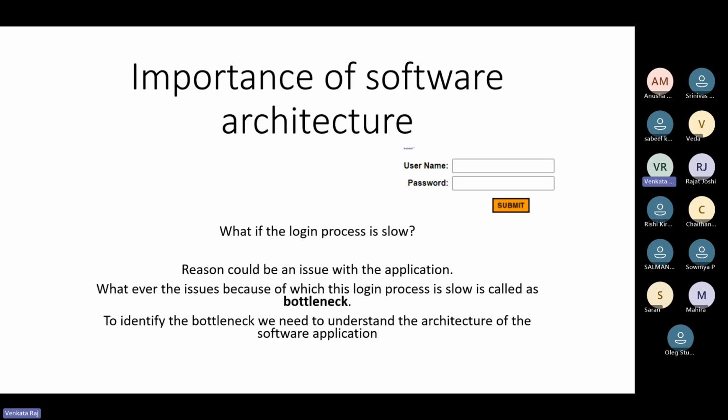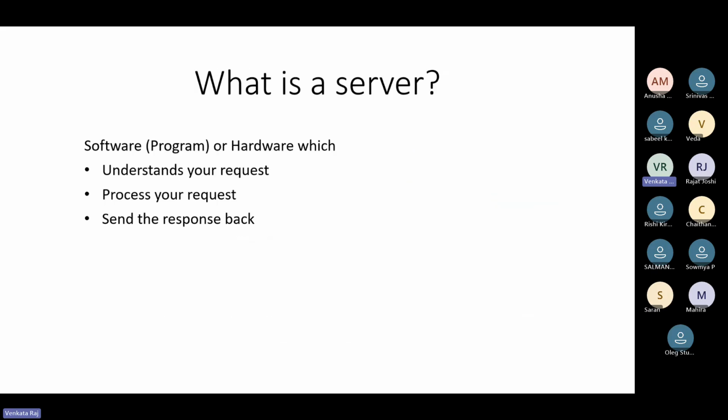So what do you mean by understanding the architecture of the application? In today's example, you need to understand what exactly is happening when you click on the submit button. Generally the request will flow to the web server. From the web server, it will go to the app server. From the app server, it will go to the database server. That's the general process.